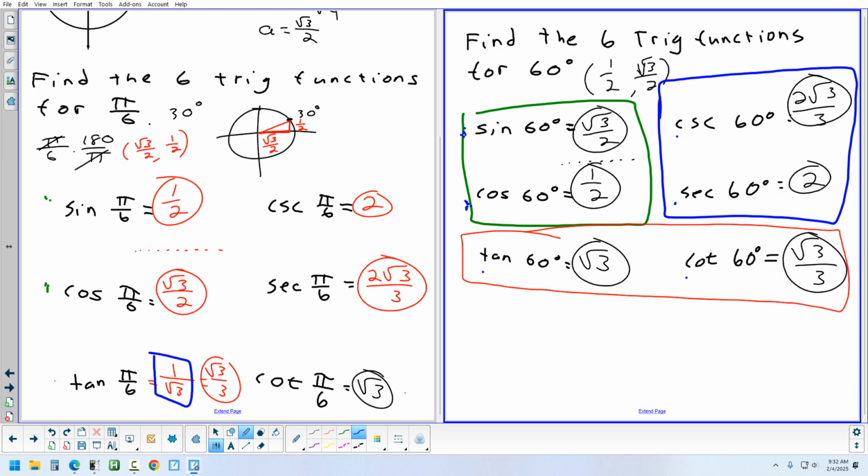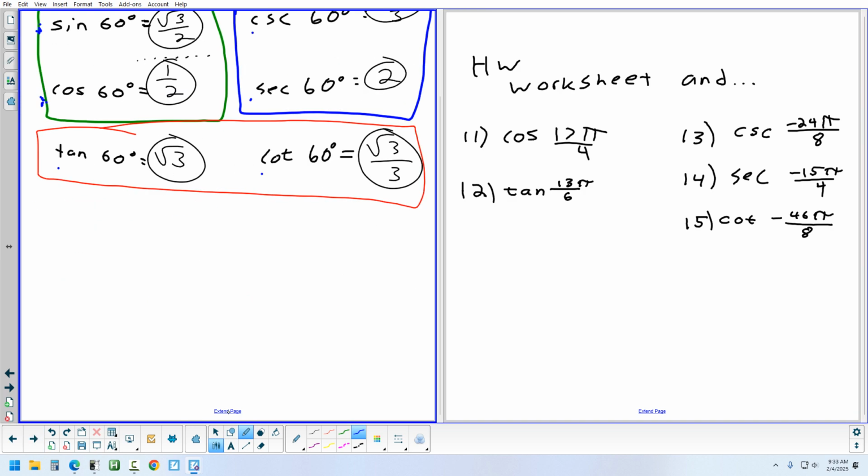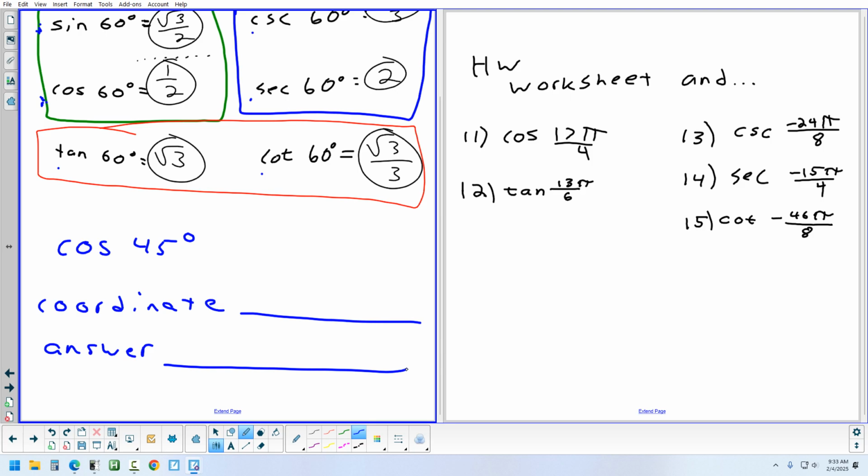All right. So any questions on finding the 6 trig functions of 30 or 60? Okay. So if you look at the homework for tonight online, it's a worksheet. And each question on the worksheet has 2 parts to it. Let's just make one up and do it. If that was a question on the worksheet, first thing I'll do is write down a spot for the coordinate, and then I write down a spot for the answer.